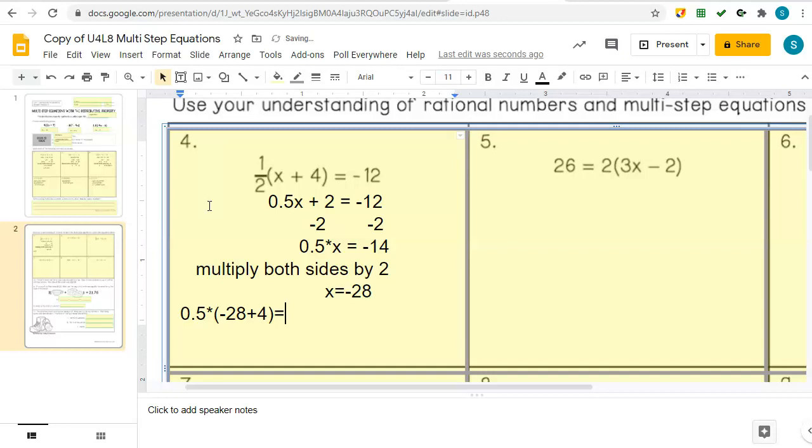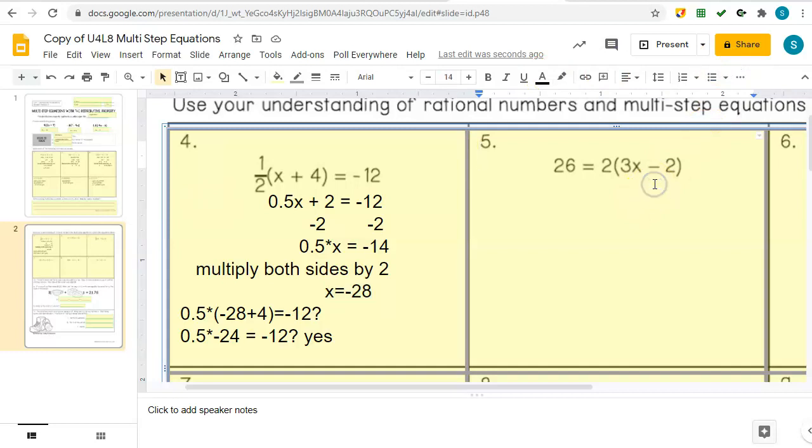And the question is, does that equal negative 12? Well, negative 28 plus 4 is negative 24, so we've got 0.5 times negative 24, and that is equal to negative 12. So our answer, x equals negative 28, is correct.